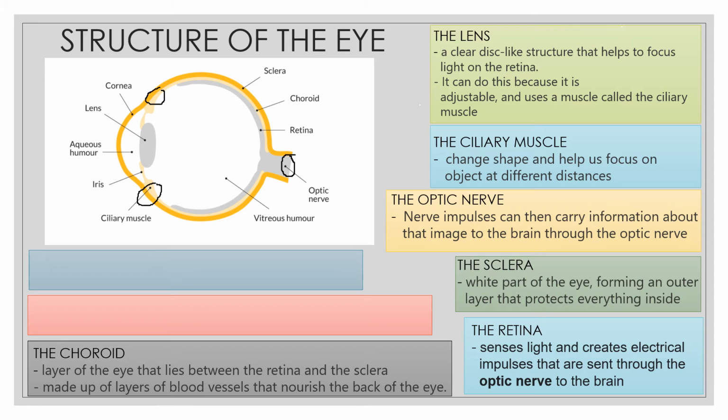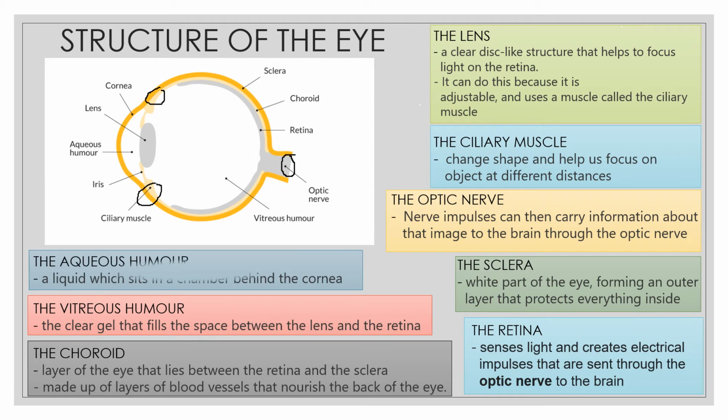The choroid, layer of the eye that lies between the retina and the sclera, made up of layers of blood vessels that nourish the back of the eye. The vitreous humor, a clear gel that fills the space between the lens and the retina. And last, the aqueous humor, a liquid which sits in a chamber behind the cornea.